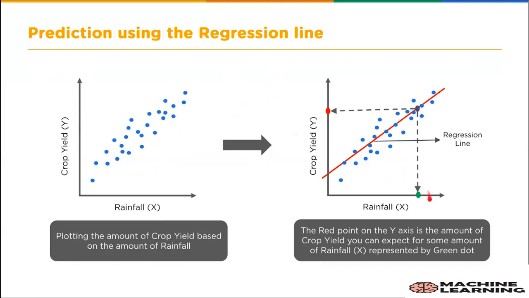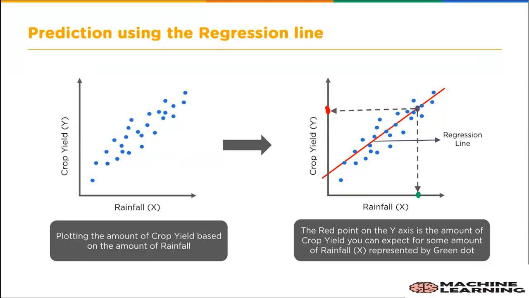If for any value of rainfall you want to know the y value, you find the m, the slope of this line, you find the intercept of this line, and you take the x value. Then you can calculate the y point.